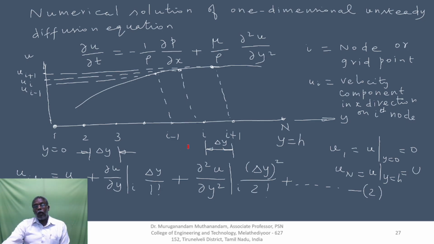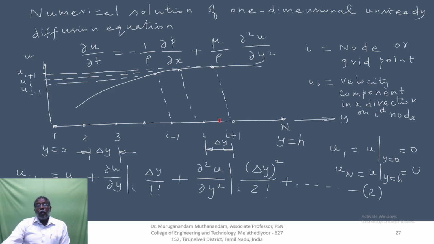When we move along this y direction, where it varies from 1, 2, 3, 4, etc. up to n, it is a forward direction. When we move along the other direction, that is from n to I plus 1, I minus 1, 3, 2, 1, it is a rearward difference.